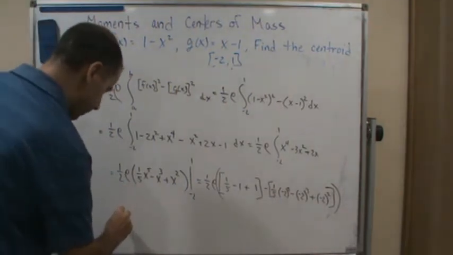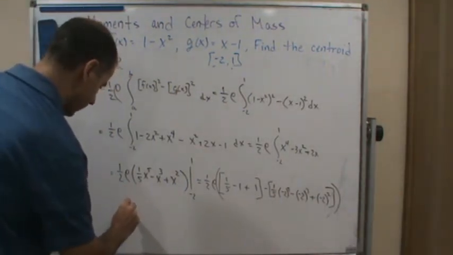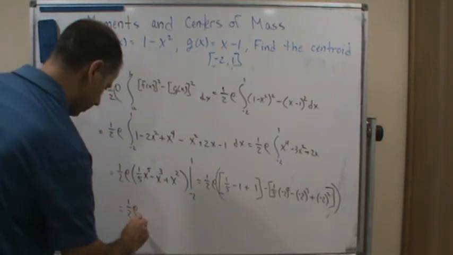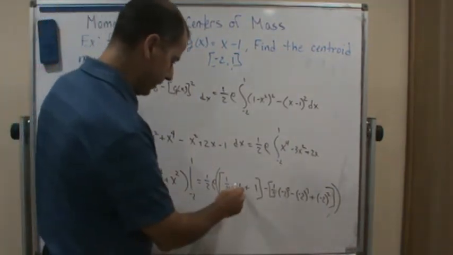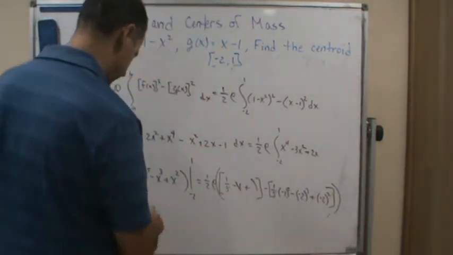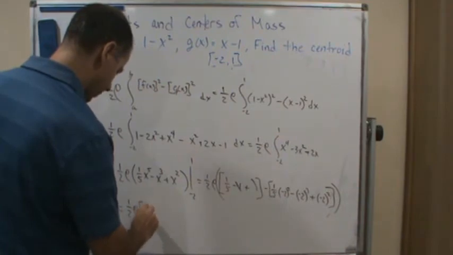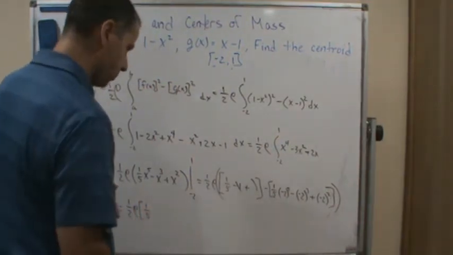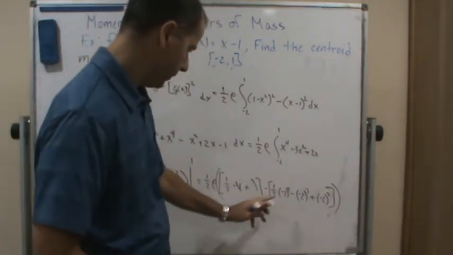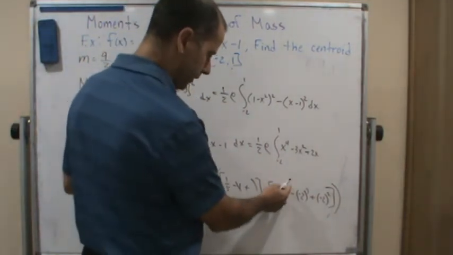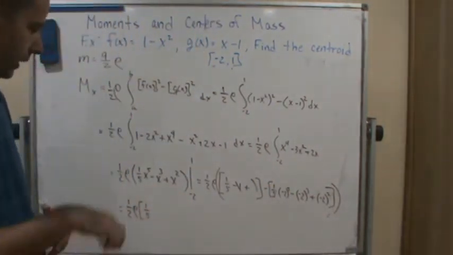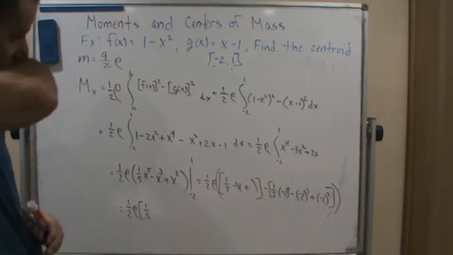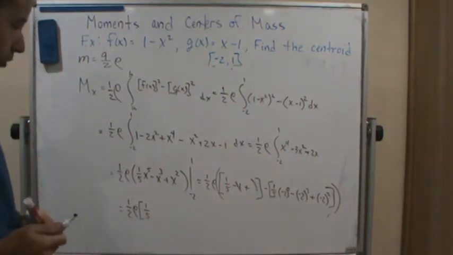Okay, so what happens with this? We get 1/2 rho. Well, this is going to cancel with this one, so we get a 5th, right? So we're going to get 1/5. And what happens over here? This is going to be 1/5 times -2 to the 5th. Well, -2 to the 5th is -32, right?